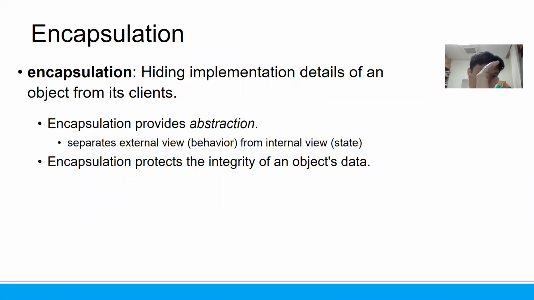I don't want to show it to the client. I just want to keep all the data only in my Java file. Encapsulation provides abstraction and separates the external view of behavior from the internal view. Encapsulation protects the integrity of an object's data.